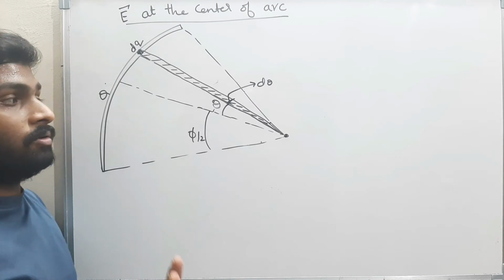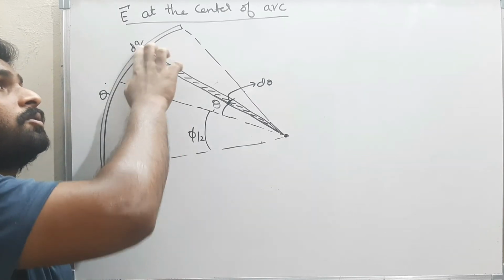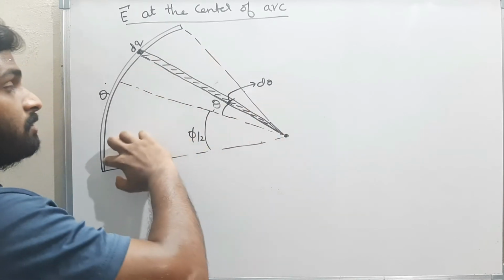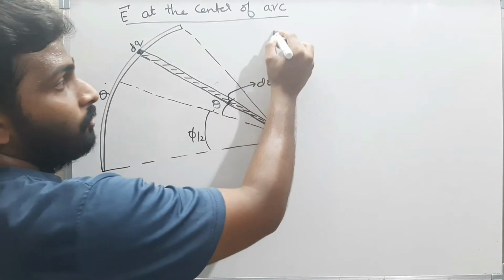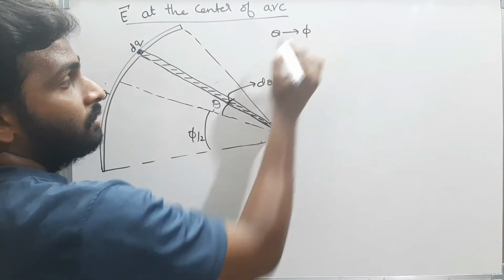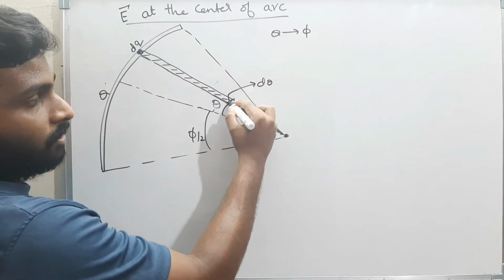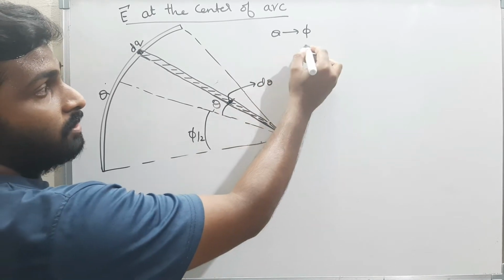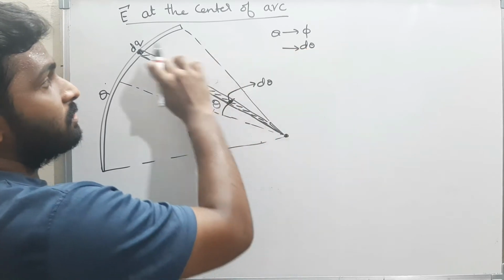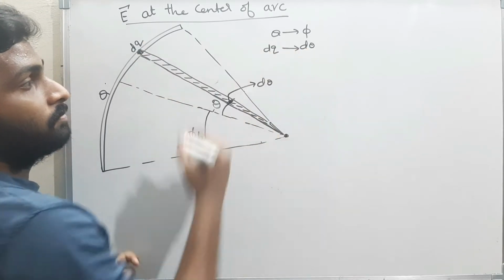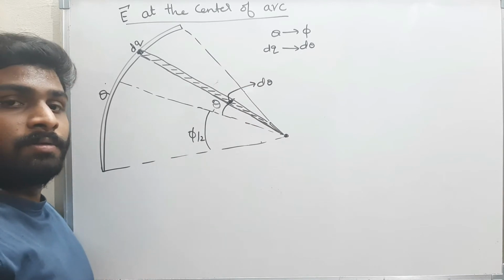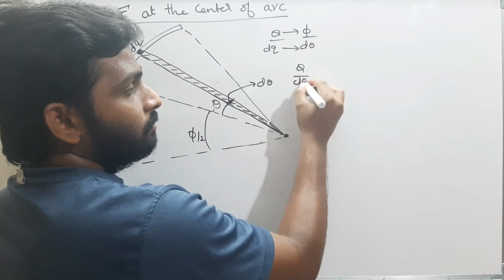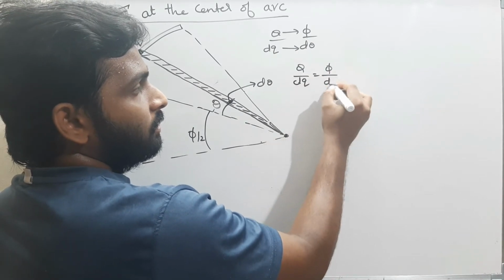Okay, well and good. Now what is dq? For the whole angle phi, the charge is q. For a small arc, that means a small angle d theta, the charge is dq. Dividing, q by dq is equal to phi by d theta.